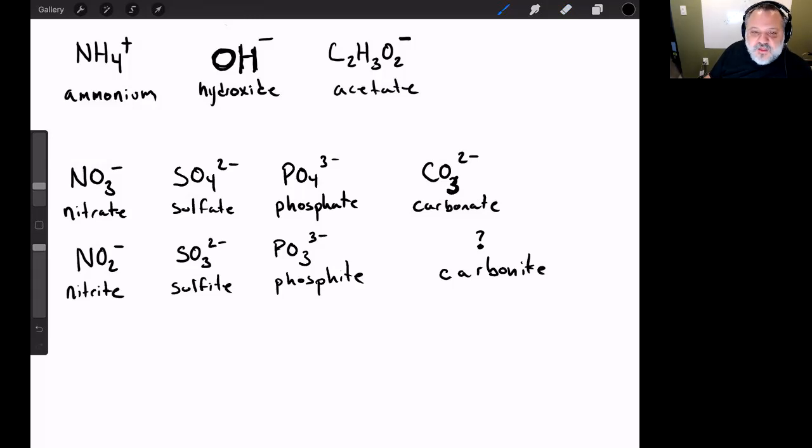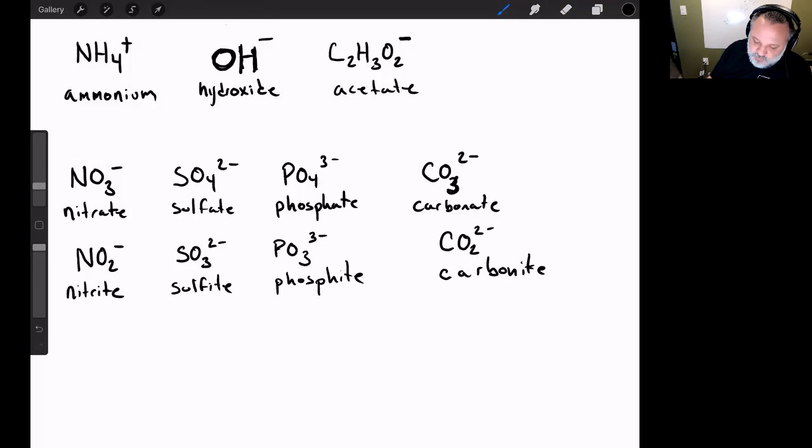That should help with the pattern. Now let's re-examine. Phosphite is PO3 3 minus. Phosphate is PO4 3 minus. And so if we're following the pattern, carbonite would be CO2 2 minus.